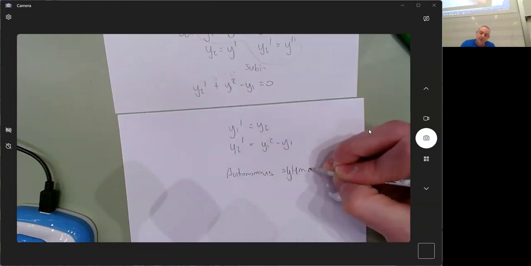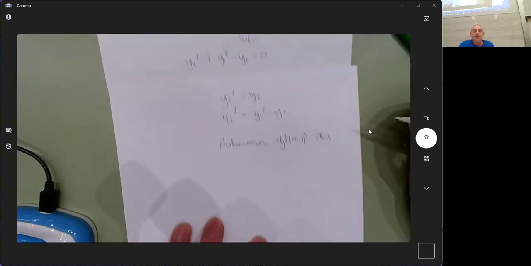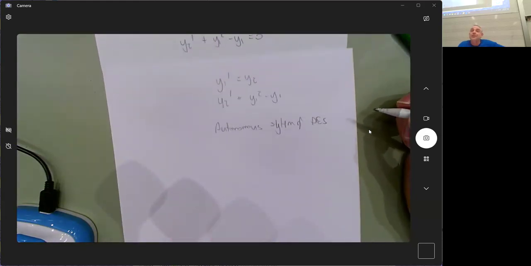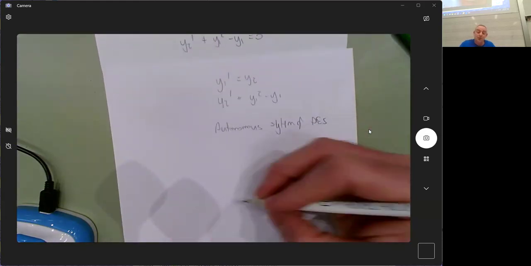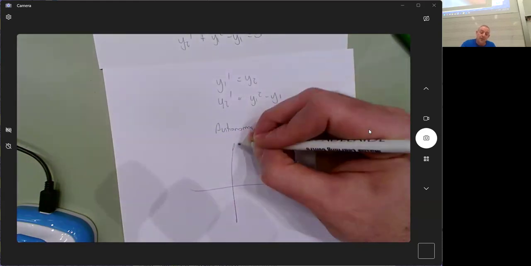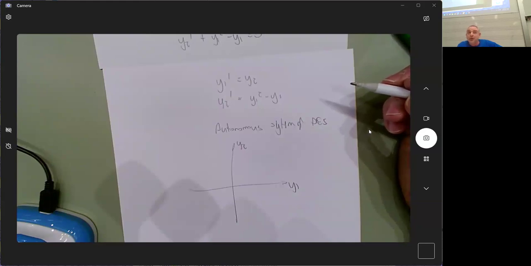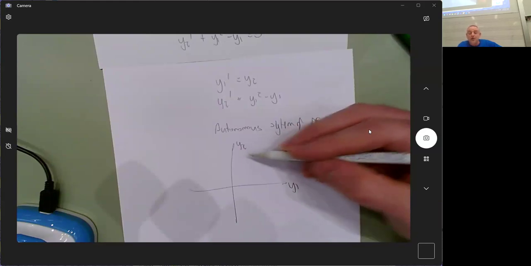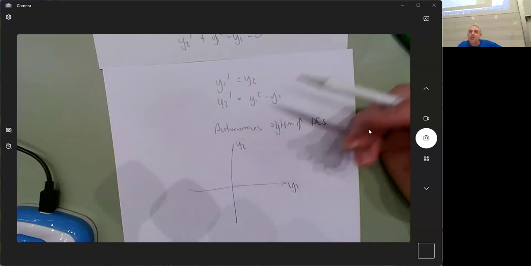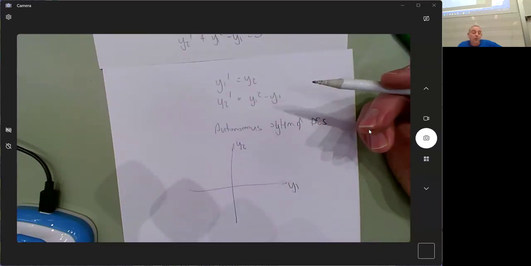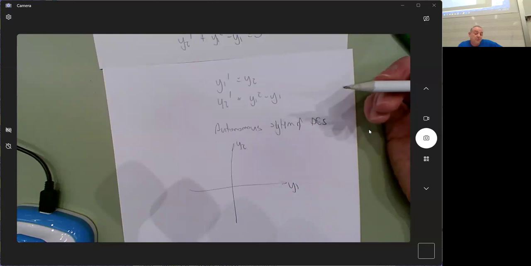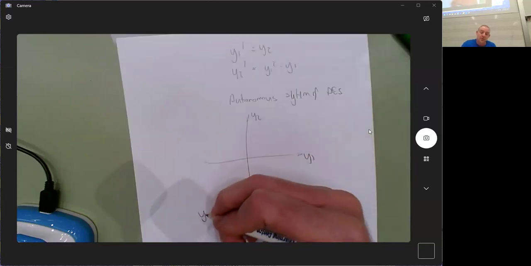System of DEs. And so you can draw your isoclines with this thing and draw y1 here and y2 here and pretend that y2 wasn't y1 dashed, and just pretend that it's x and y and just draw them as isoclines as if I was doing it normally.